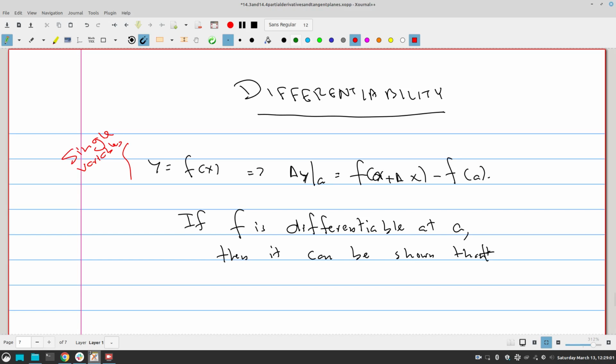It can be shown that delta y can be written as f prime of a times delta x, plus some small number epsilon times delta x, where epsilon goes to 0 as delta x goes to 0.